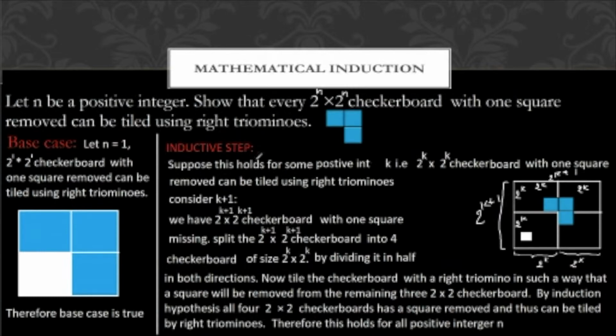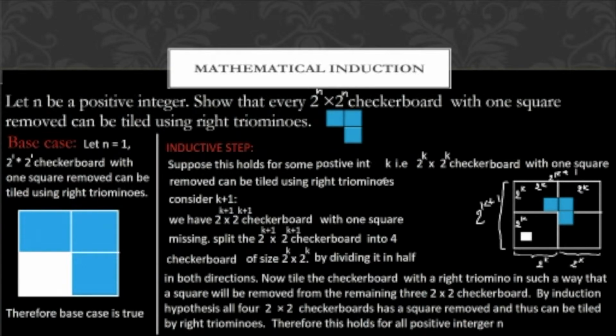So now we're going to look at the inductive step. Remember, in the inductive step, the first thing we're going to have is our inductive hypothesis. In this case, what we are going to do in our inductive hypothesis is assume that the statement above holds for some integer k. So all we are supposing is that a 2^k by 2^k checkerboard with one square removed can be tiled using right trominoes.